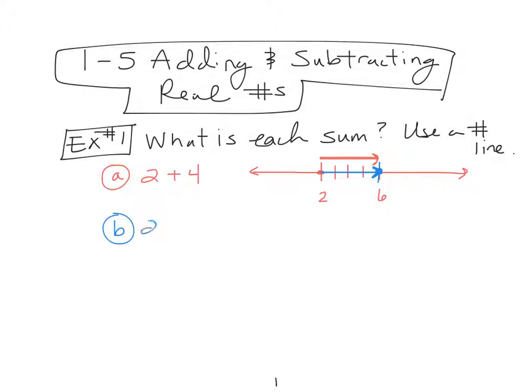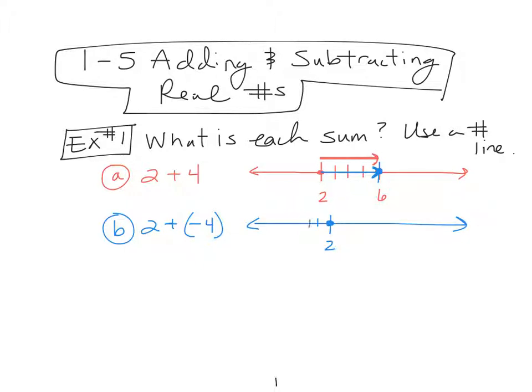So now we do 2 plus, instead of 4, we're going to do 2 plus a negative 4. Okay, think about what that means. On a number line, if I'm at the number 2, okay, and I add a negative 4, what direction am I going to move? To the left, right? And everyone sings the song every time I say it. That's okay.